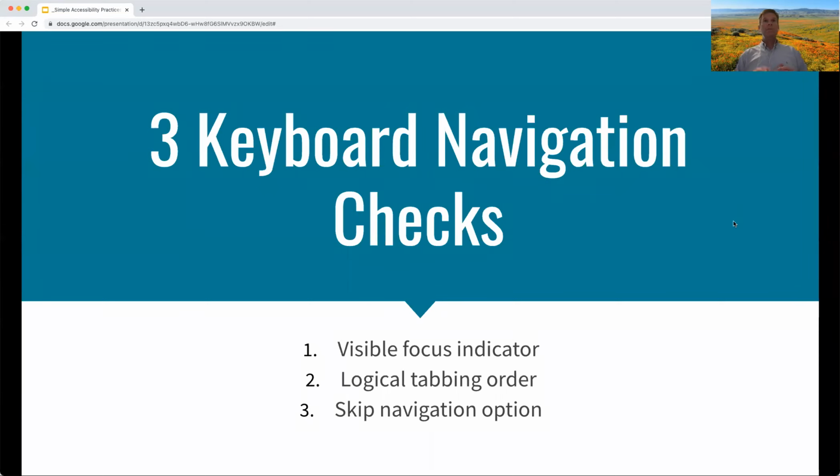Now, these may require a developer or someone else to get involved to manage the focus with CSS, or modify a template to address tabbing order, or even implement a skip navigation option. But there's still 3 simple things that can be done to say, yeah, this page passes these 3 checks, or, oh boy, we need to go back and fix these issues because they will present a barrier or limit someone's ability to access the content.